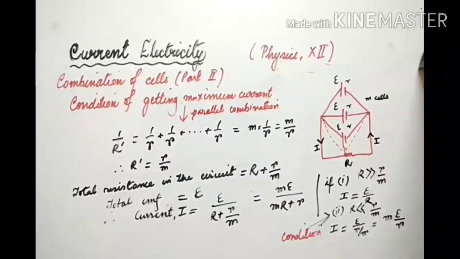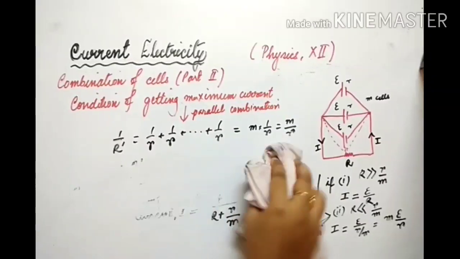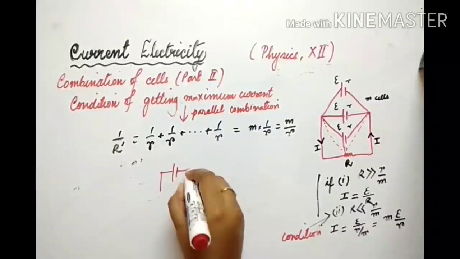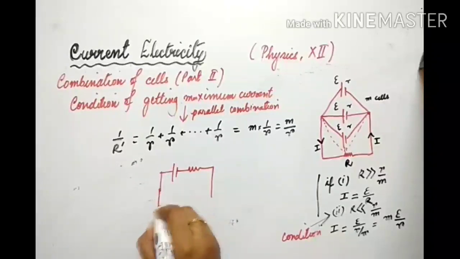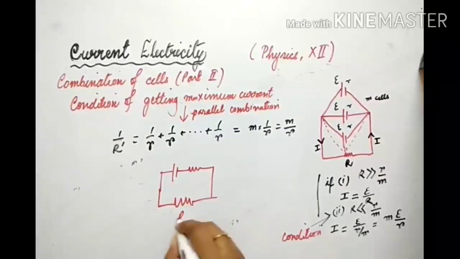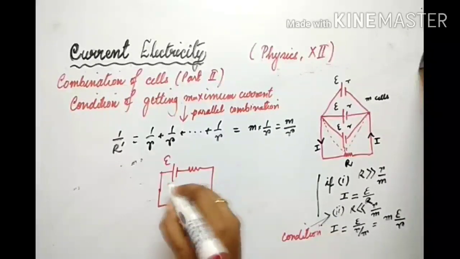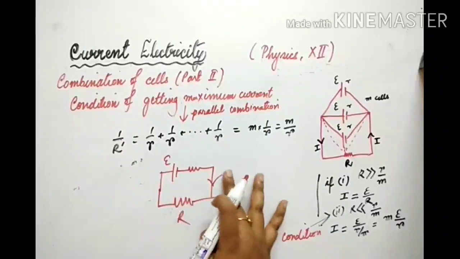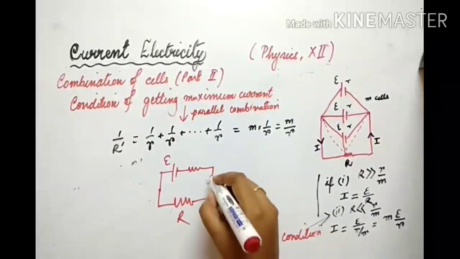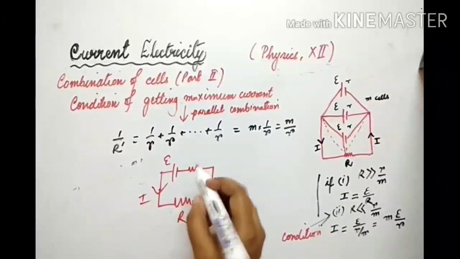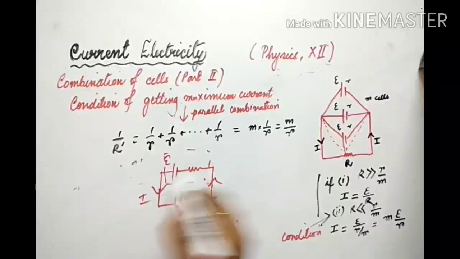So we can draw the circuit as: this is our external resistance, this is our E, this is our current, and this total setup.